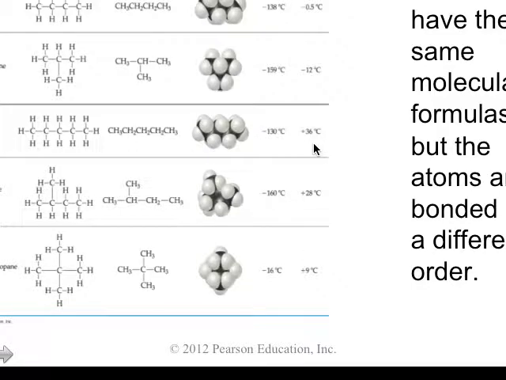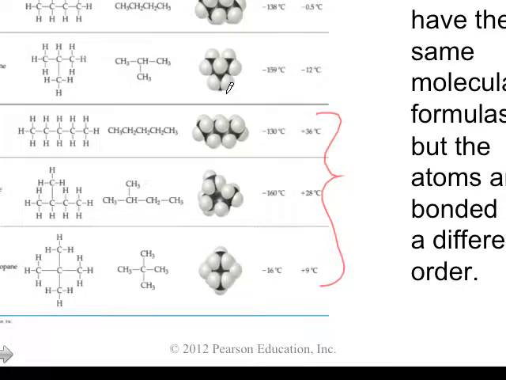Now notice that for these 3 five carbon compounds, the one with the highest melting point is the straight chain one. These are all alkanes. They're all single bonds, all carbon hydrogen. Remember, it's only London dispersion, a weak intermolecular force.